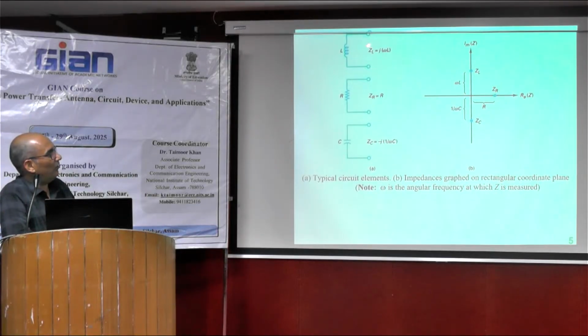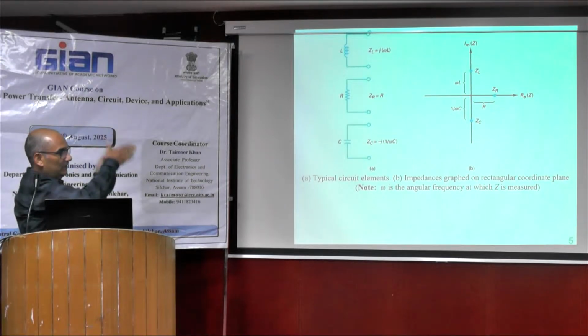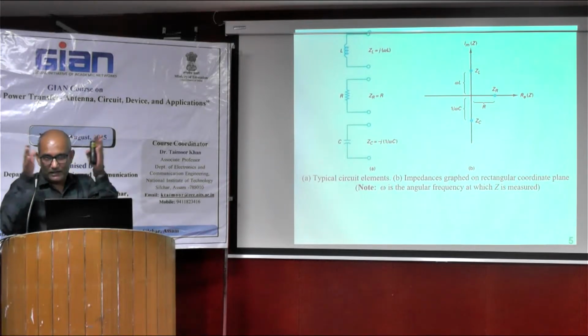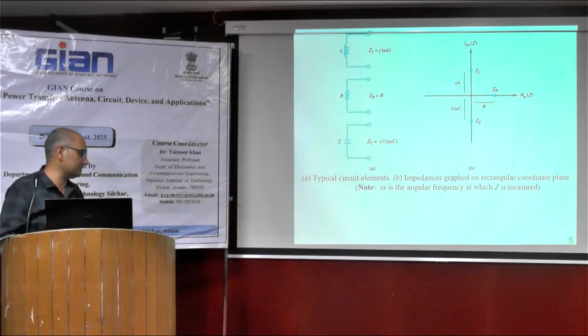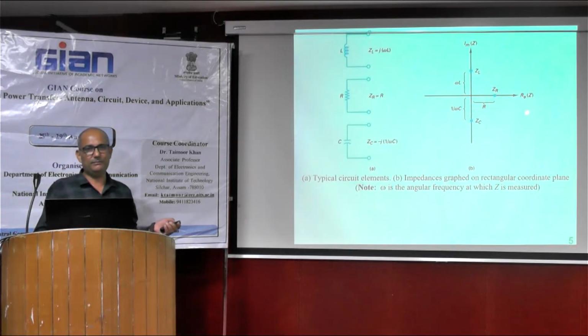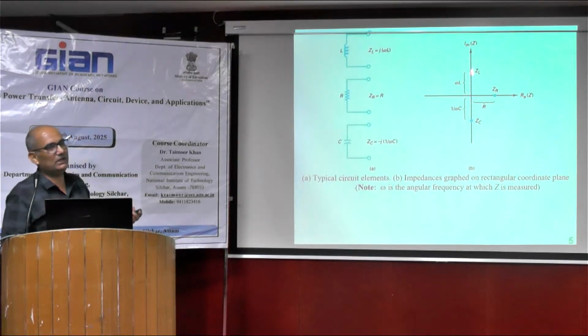It means all values corresponding to Z_L, or inductive behavior, will exist on the positive y-axis, and capacitive behavior, opposite to this because of the minus sign, exists here. It means we have segregated these three different behaviors on a two-dimensional plot: one linear on the real axis, and the others on the positive imaginary axis and negative imaginary axis.